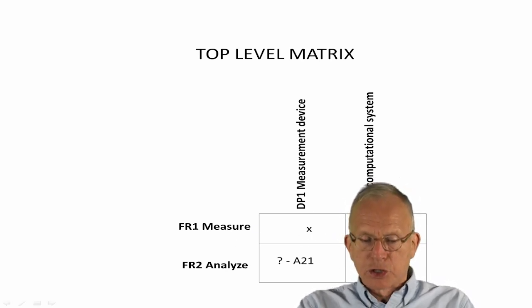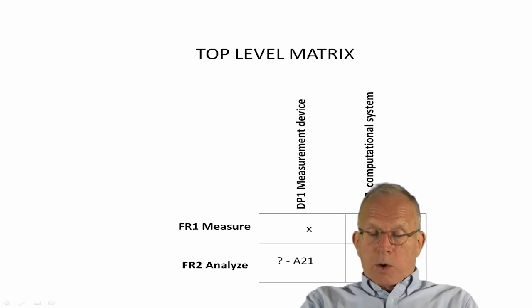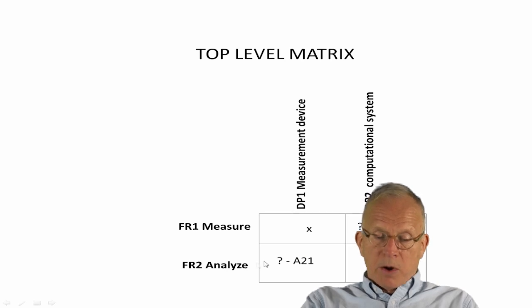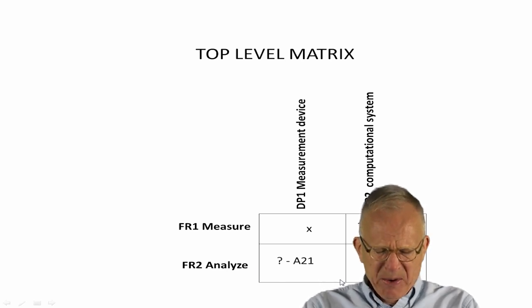So these diagonal DPs are chosen to satisfy the FRs, so we can safely assume that we have an X there. But what about, say, DP1, the measurement system? Does that influence the analysis? Well, to a certain extent, yes.